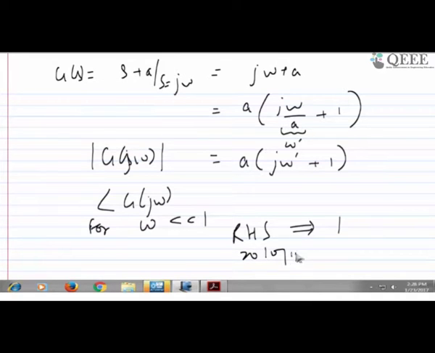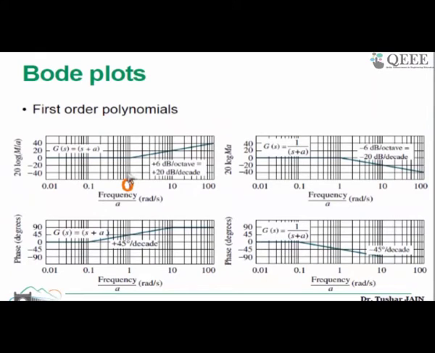Then if you take 20 log base 10 of 1, of course it will give you 0. So here we are concerned about this position: if we have the frequency much less than 1, then the contribution of the slope is nothing but 0.